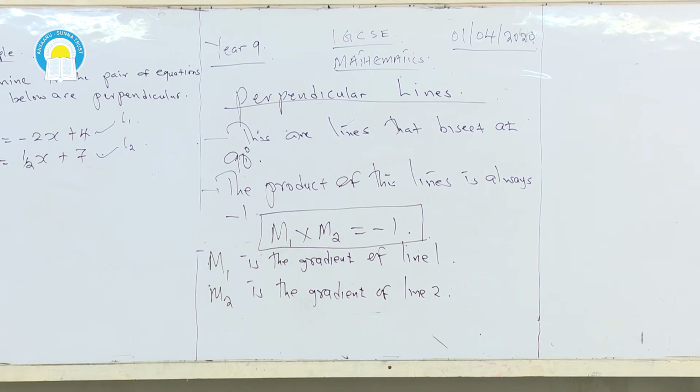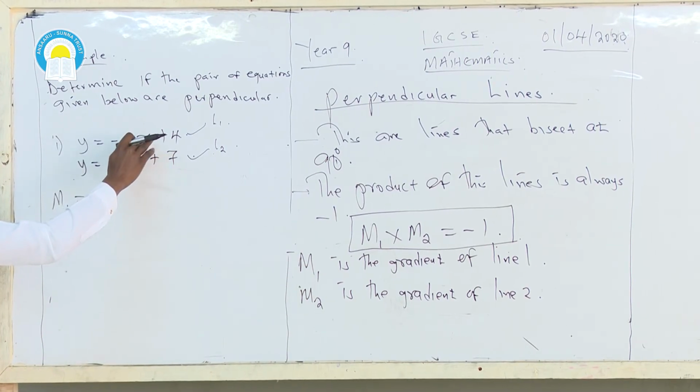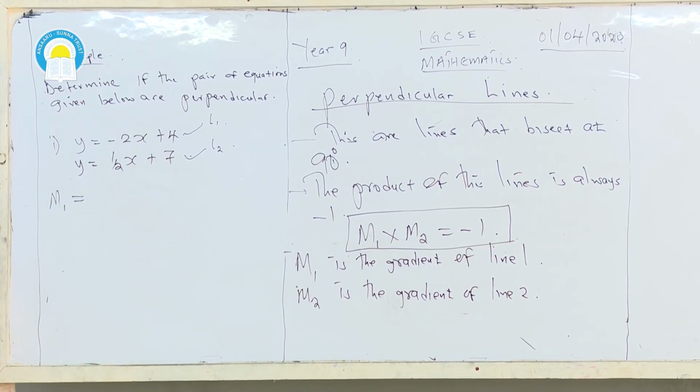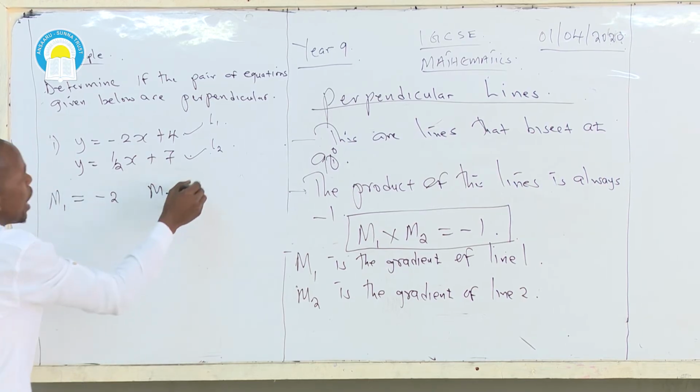What is M1? M1 is the coefficient of x that gives us the gradient of line 1. The gradient is -2, and the gradient of line 2, which is M2, is a half.